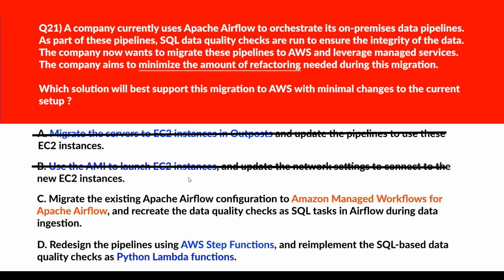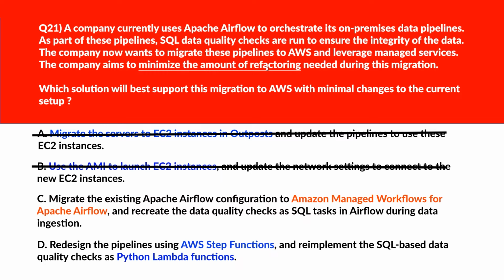So let's remove this. Let's move to option C. Option C, if you look, the minimize the amount of refactoring specifically points out to Amazon Managed Workflows for Apache Airflow, which is a fully managed service for running Apache Airflow. So we'll park this.